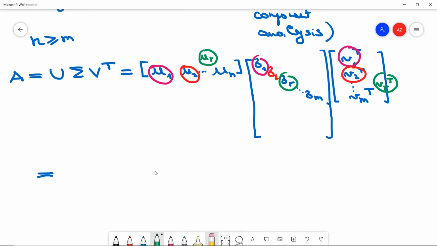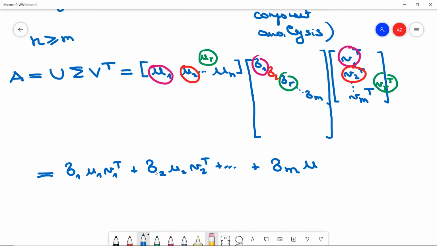So this can be written as sigma 1 U1 V1 transpose plus sigma 2 U2 V2 transpose, and so on, plus sigma m Um Vm transpose.